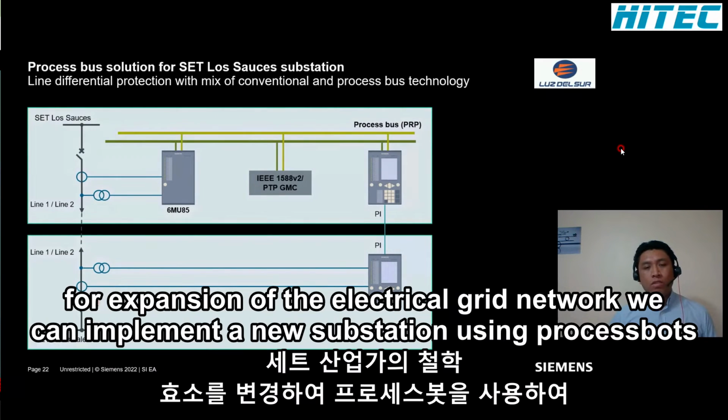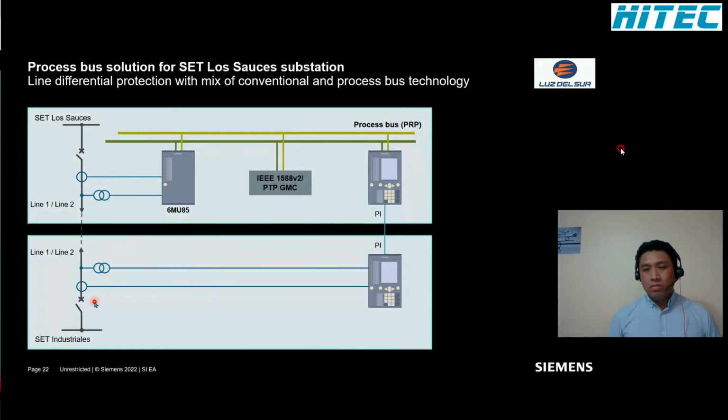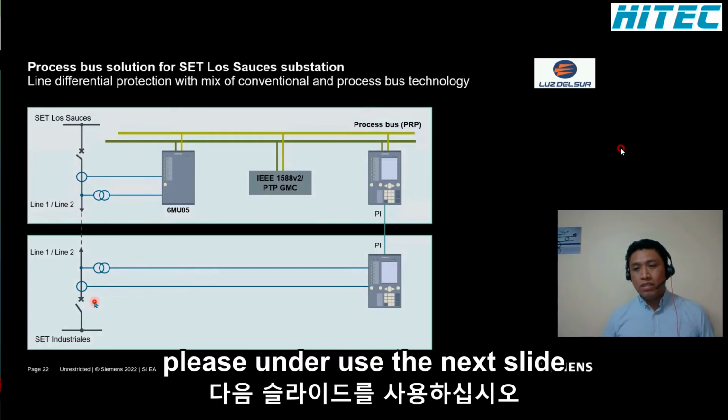As you can see, for expansion of the electrical grid network, we can implement a new substation using process bus without making alterations to the remote end, for example, here at Set Industriales. Please, Andreas, the next slide.